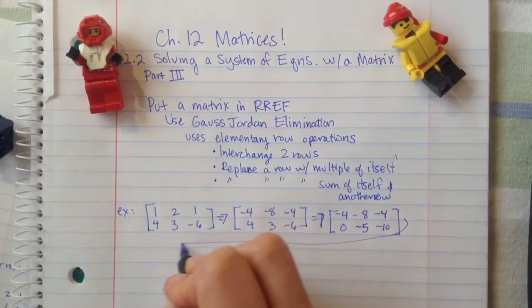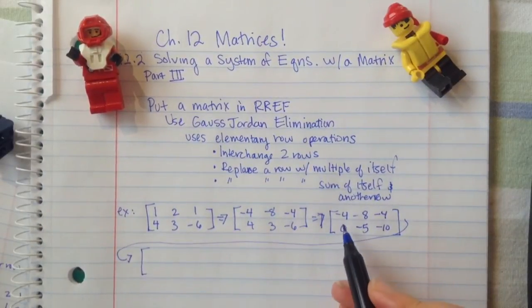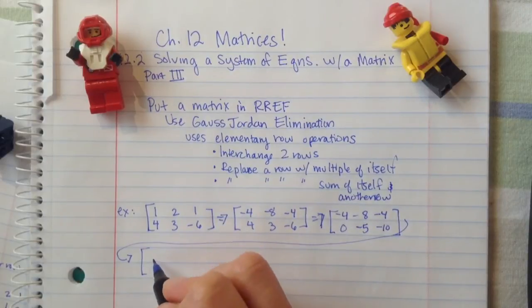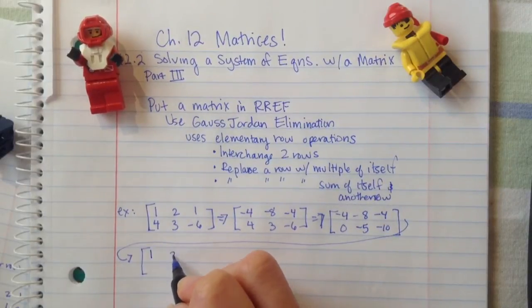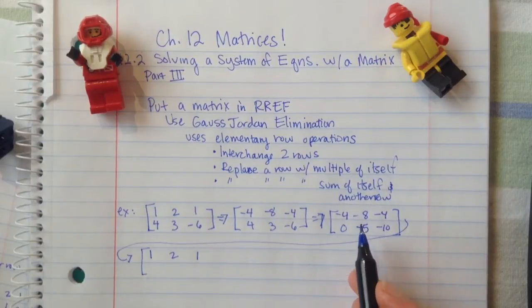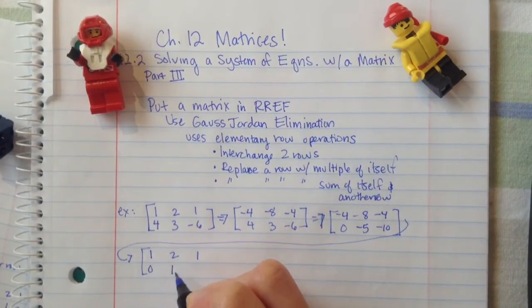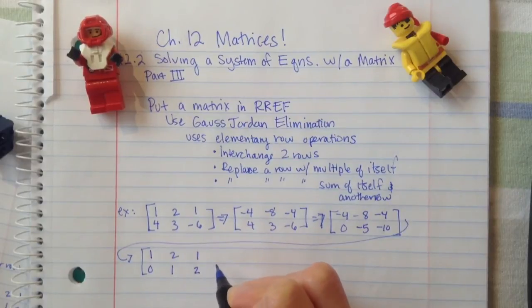And then I want this to be a 1 again, so I'll go back and now multiply by -1/4. So that will give me back the original row. And the bottom one, I would like this to be a 1, so I have a leading 1 here. So I'll multiply the bottom row by -1/5, and I'll have this.